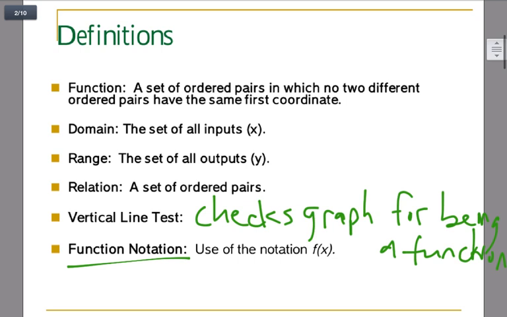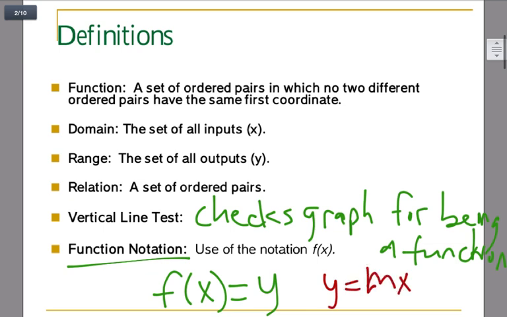It uses f of x. F of x is y. And that means whenever I write an equation, if I was to write y equals mx plus b, I could replace the y with f of x. So that's all that is, function notation.